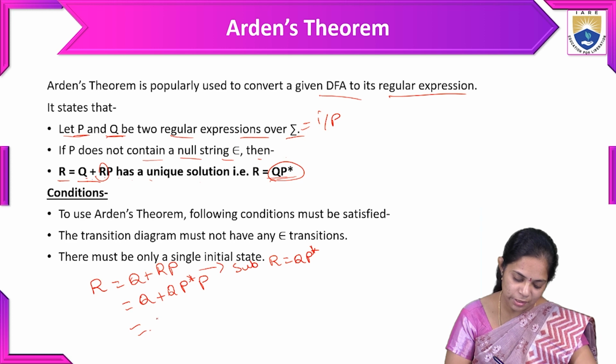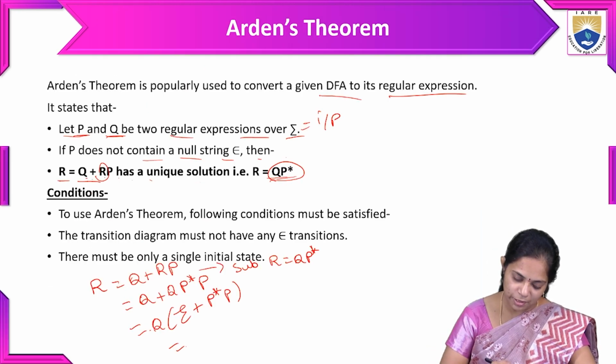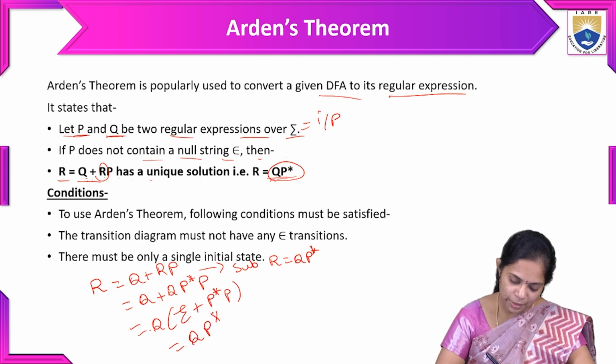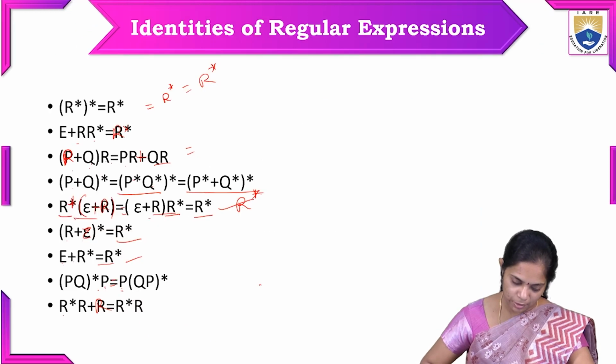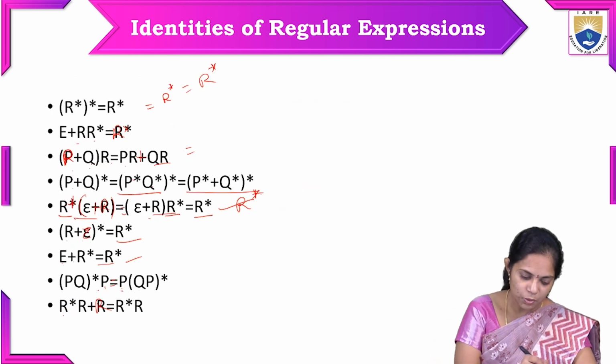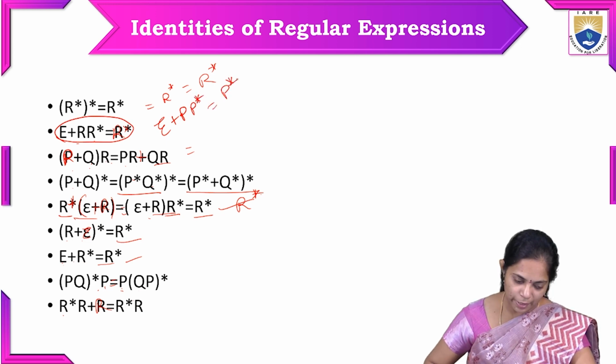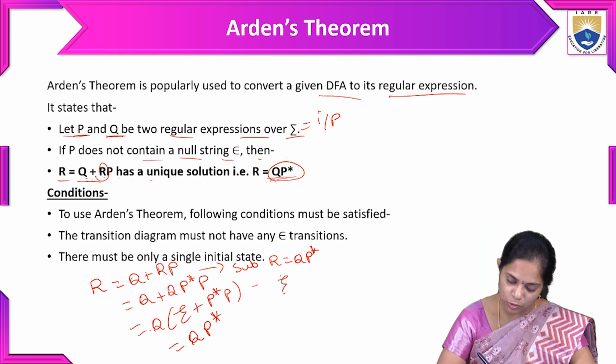So what is the common thing here? Q. Q of epsilon plus P star P. So what we will get by using the identity epsilon plus P star P, we will get P star only. This is the identity we have to substitute: epsilon plus P star P is equal to P star.